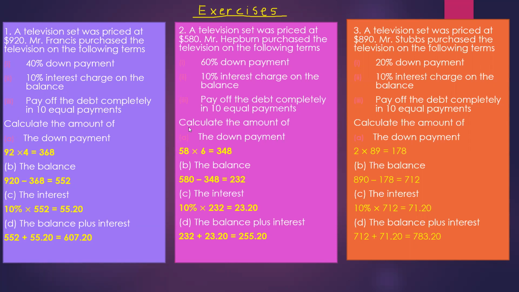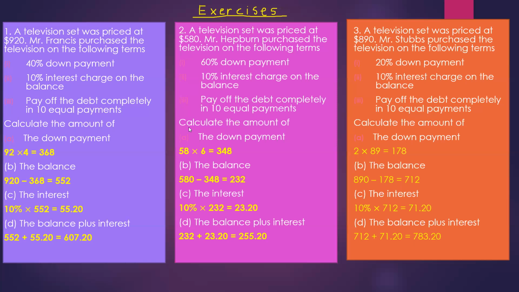So the first thing you have to do is set it up in fraction form. You put 40 because it gave us the down payment of 40%. So you put 40 over 100 times 920 over 1.